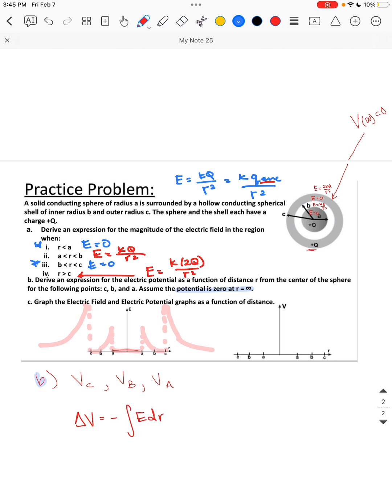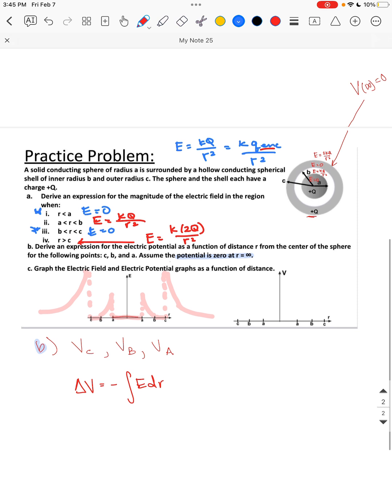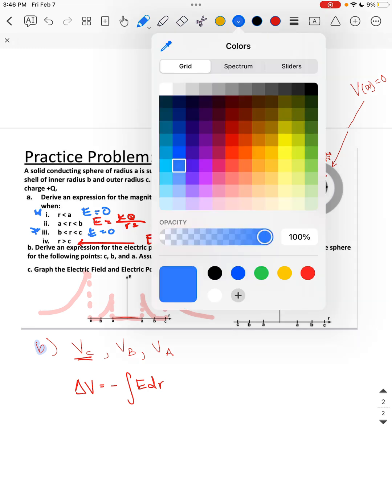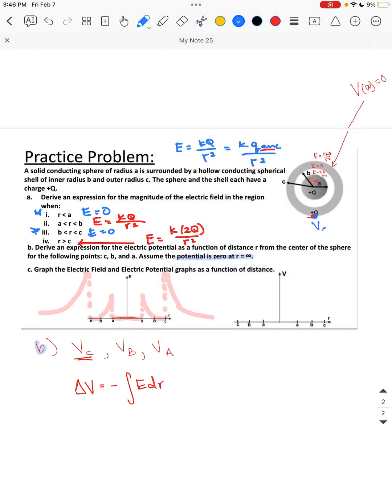So we are going to start with our first potential value. And this is not a change in potential. This is the potential at point C. So let me use a different color. This is VC at this point on the surface.